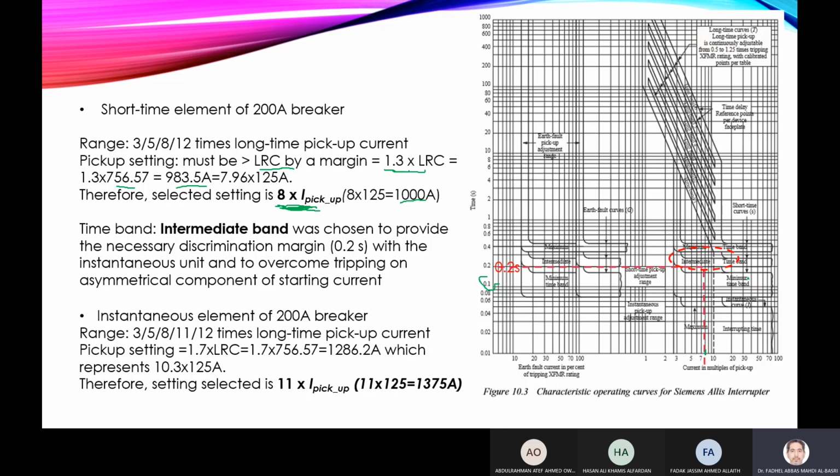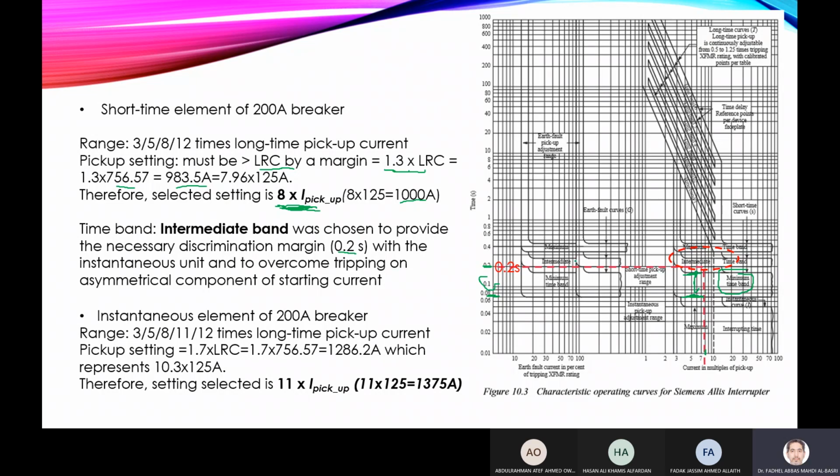You can see this is the minimum time, which will start from here up to here. This is the range for the minimum. It's possible that it will operate even at this time, up to this range. So I won't choose the minimum because it won't satisfy the 0.2 seconds time delay. I'll go to the second one.